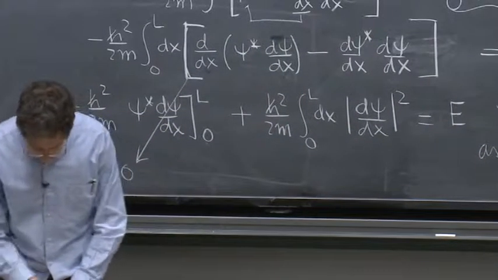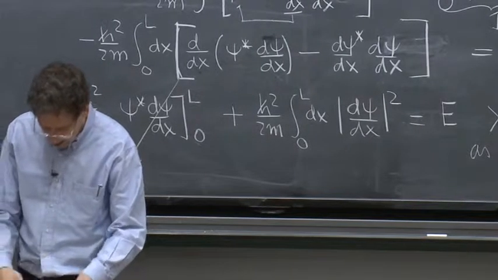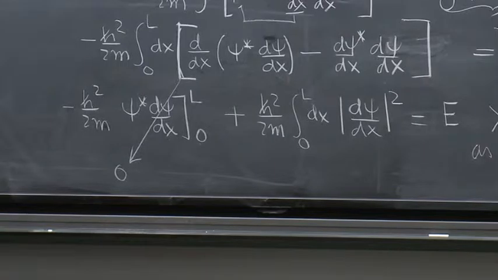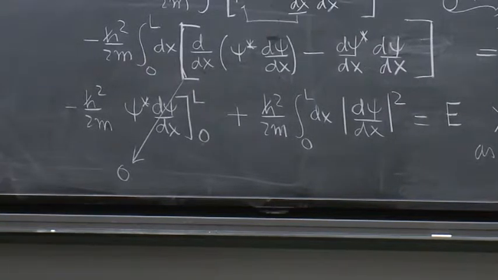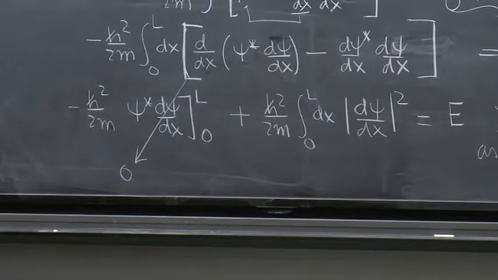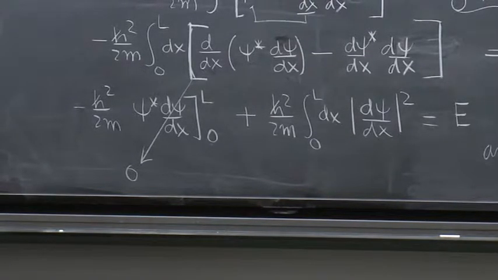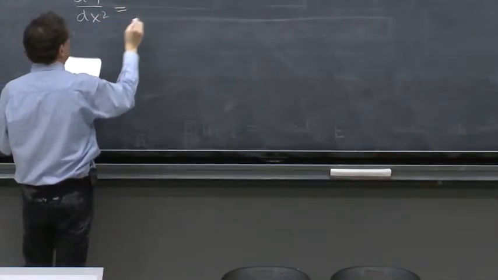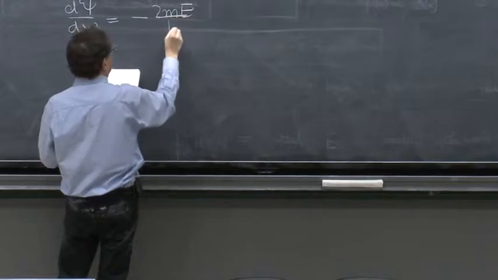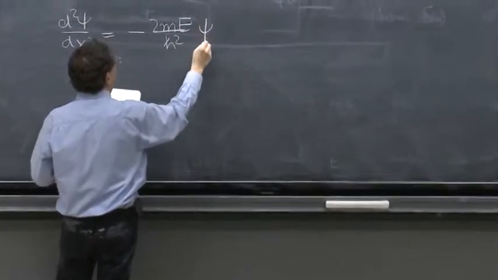So E is greater than 0, so let's just write a couple of solutions and stop. We'll comment on them more next time, but let's get the solutions, because after all, that's what we're supposed to do. The differential equation is the second derivative of psi, d squared psi dx squared, equal to minus 2mE over h bar squared psi.